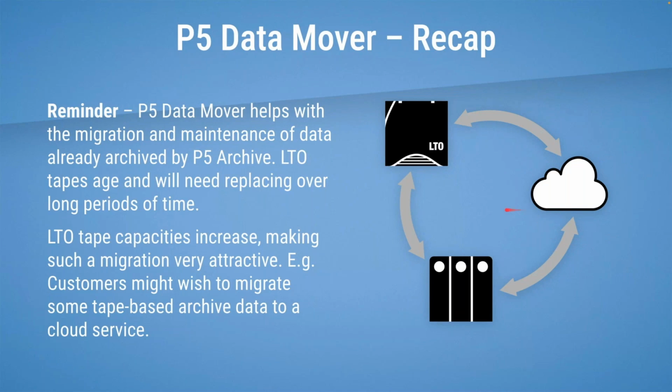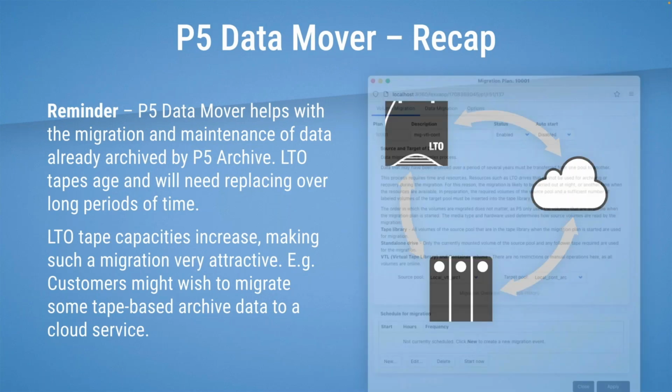Or most commonly, customers with those LTO5 tapes might want to go to a newer LTO generation, from LTO5 to LTO9 maybe, so that a lot of LTO5 tapes now fit on a single tape. So P5 Data Mover allows this to happen so that those aging tapes can be dealt with. There are some improvements to the P5 Data Mover that we'll look at.